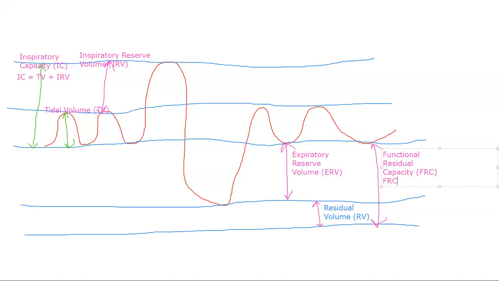Functional residual capacity is expiratory reserve volume plus residual volume. Makes sense, yes?